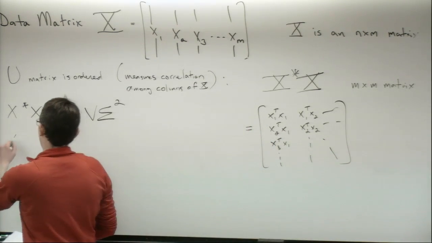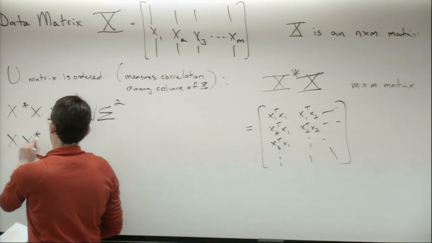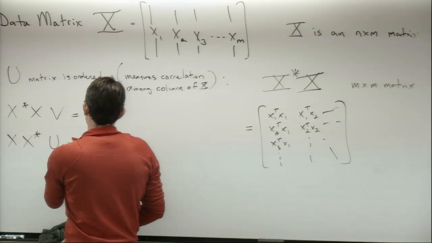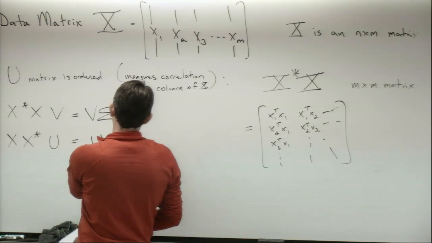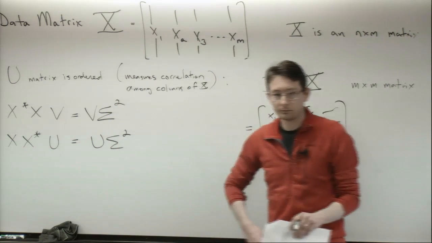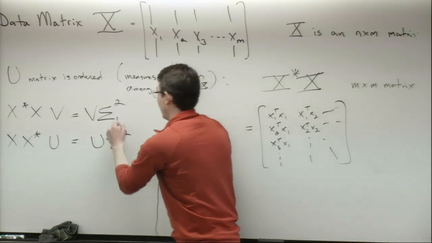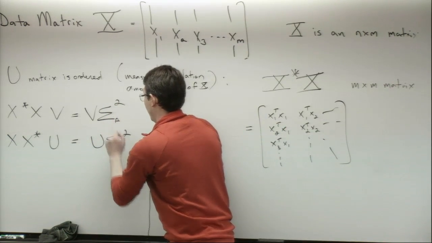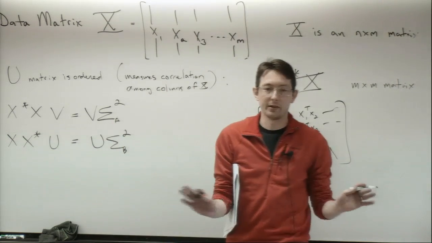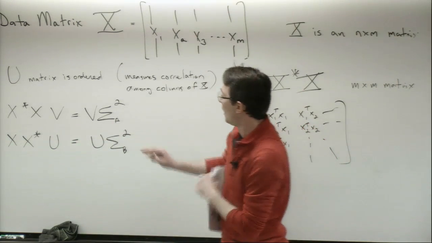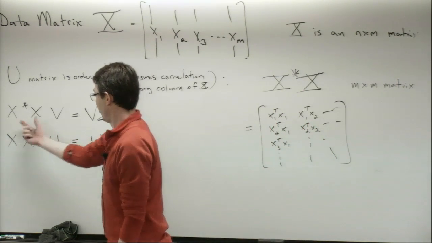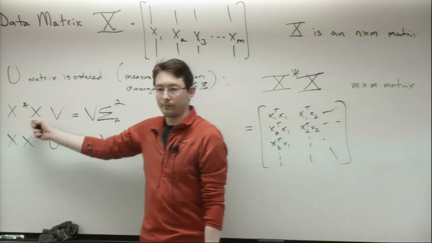And we also have that X X star times U equals U sigma squared. And I'm going to call this sigma A and sigma B. They're slightly different than the real sigmas that we wrote down. So the idea is that this is an eigendecomposition.